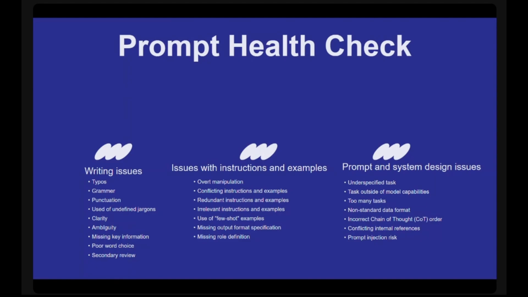The third one is prompt and system design issues. There could be no standard format. Maybe you are using the wrong LLM model. For example, I am very familiar with ChatGPT that it is very bad at generating images, and it can write perfect text content, because it is trained on text, not on images.